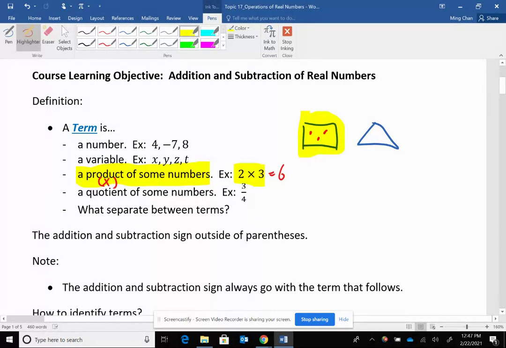So when we're talking about multiplication between anything, it is considered one term, one object. It's just that inside that one term, you have different factors. 2 and 3 are the factors of 6. You have other things inside of it, but together, being inside of one thing, it is considered one term.